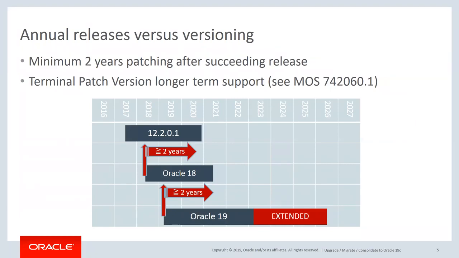So the final version inside the 12.2 family will be Oracle 19. Oracle 19 will be supported for a longer period, and there will also be an option to have extended support for Oracle 19. So Oracle 19 is the one that everybody should basically go for if you want to upgrade.